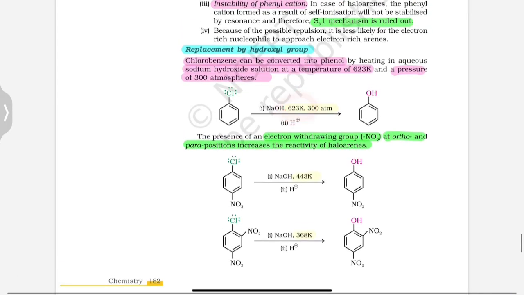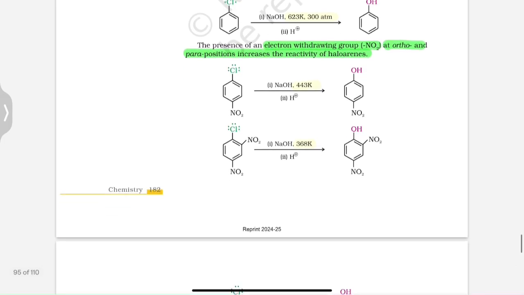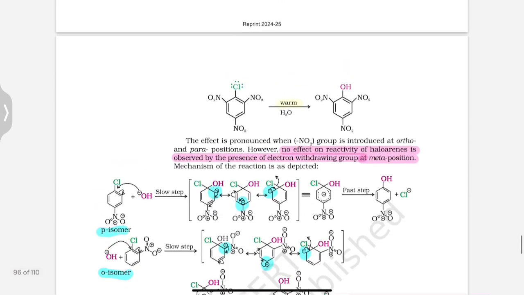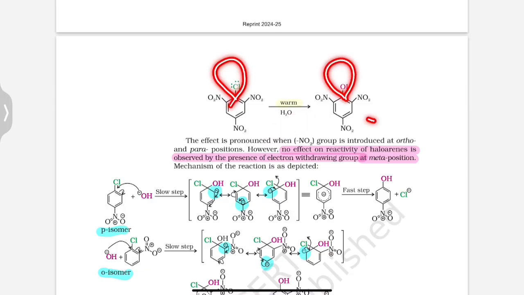At higher temperature chlorine is replaced by OH. If one nitro group is present, 443 Kelvin; with two, 368 Kelvin; and with 3 electron withdrawing groups, even slight warming converts Cl to OH.